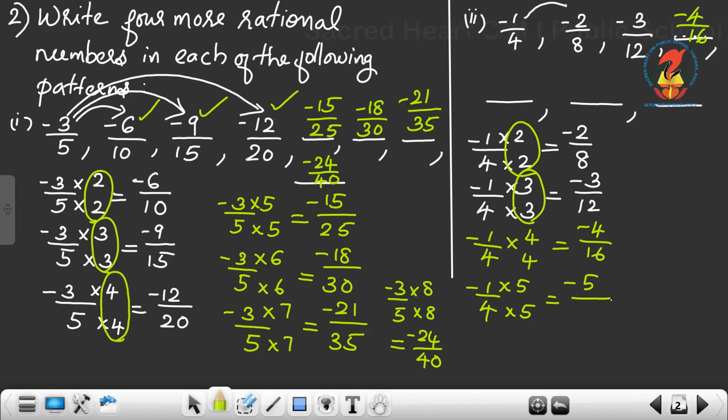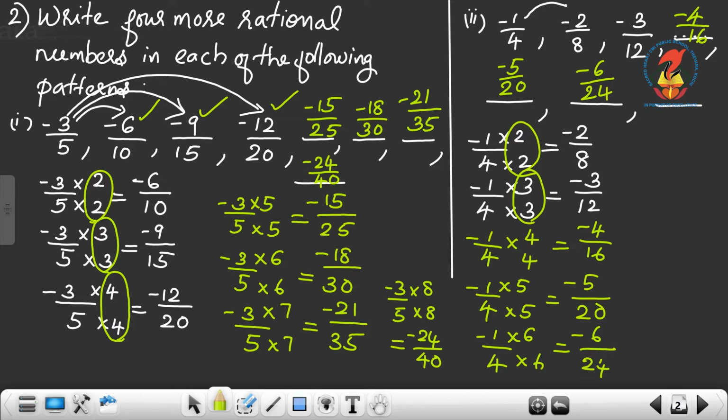So we get negative 5 by 20. So the next rational number is negative 5 by 20. Again, negative 1 by 4 into 6. So we get negative 6 by 24. So the next rational number is negative 6 by 24.